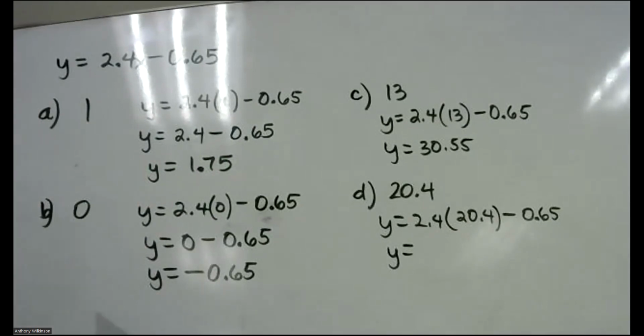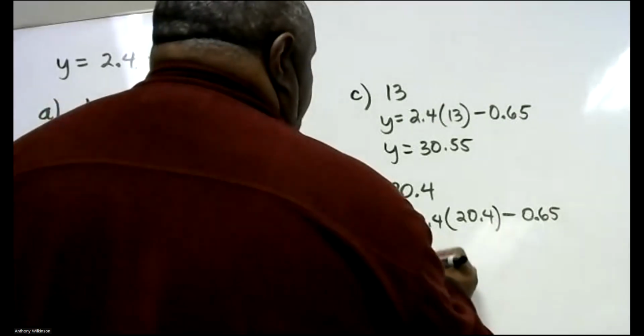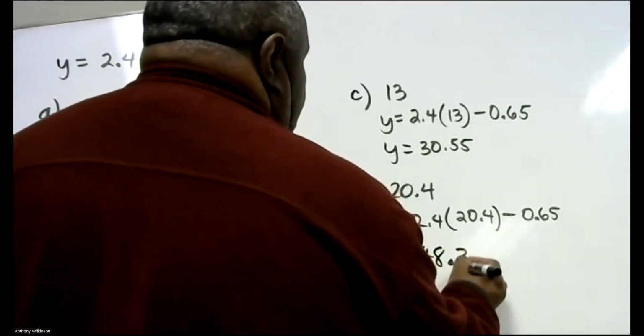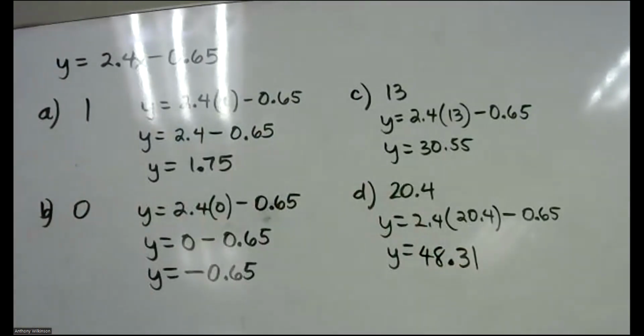Okay, 48.31. So at 20.4, I would expect to get a y value based on that trend equation of 48.31. All right, any questions about example 4?